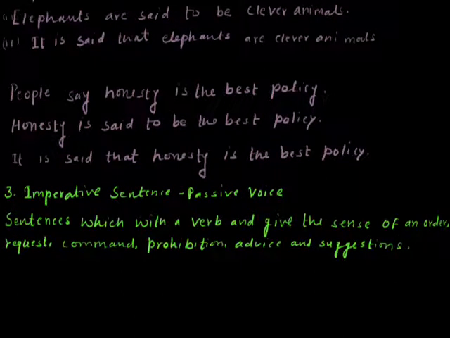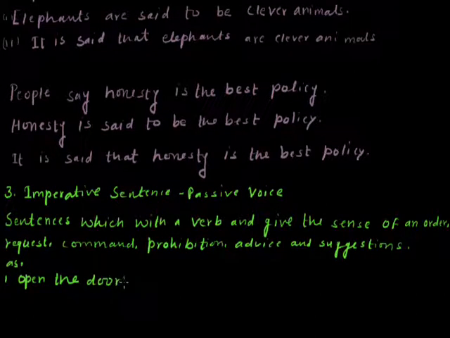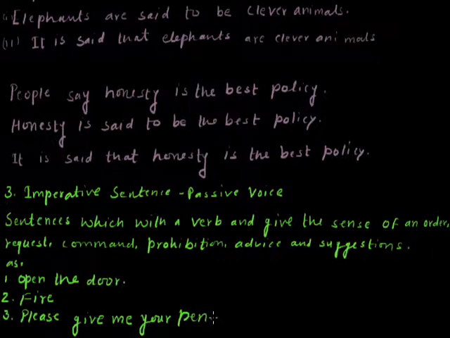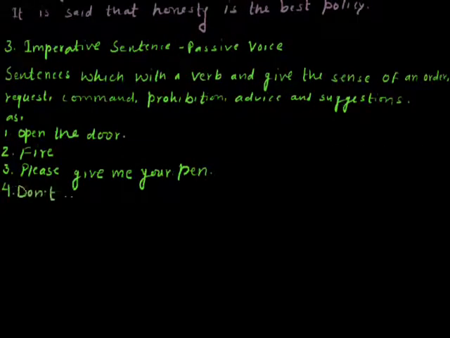Okay, for example, open the door. This is a kind of order. Fire. It's a kind of command. Please give me your pen. It's a kind of request. All these sentences are examples of imperative sentences. Don't make a noise.